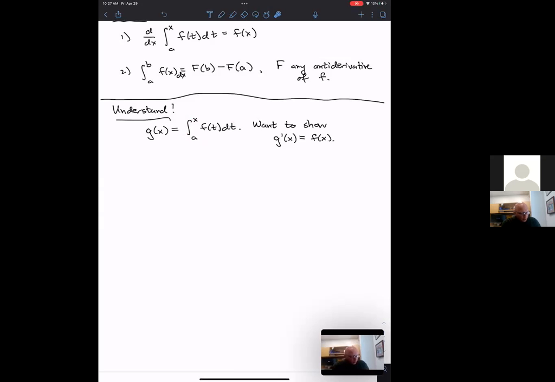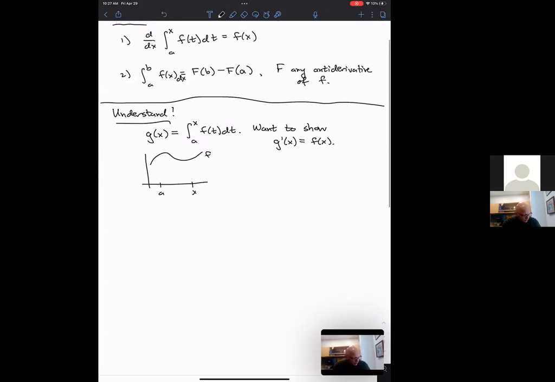And so what little g is measuring, remember, is the area under the curve from a up to x of my function f, right? So g is really the function that measures area. Okay, so this area is g of x. For different x values, you get different areas, fine.